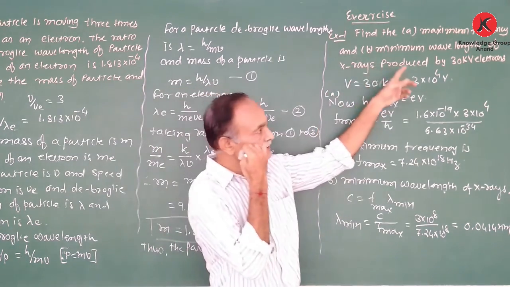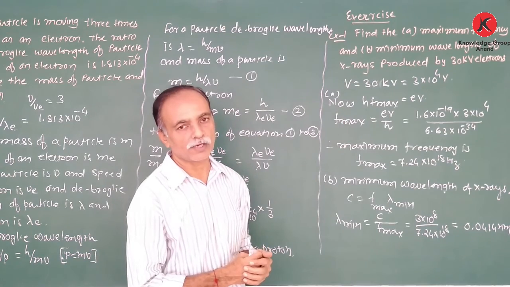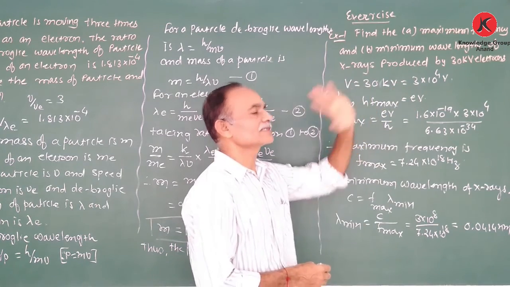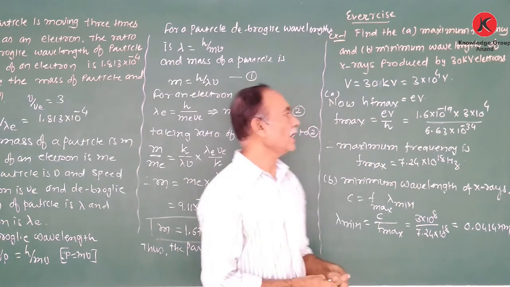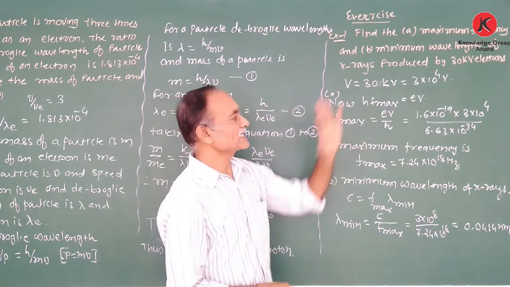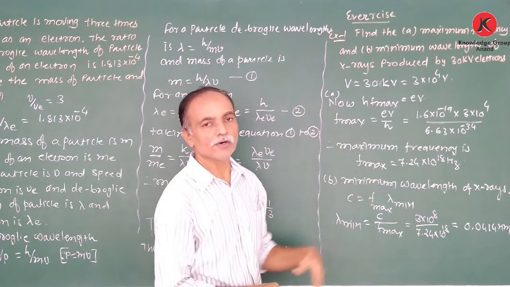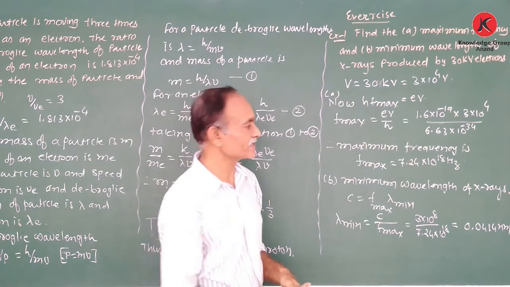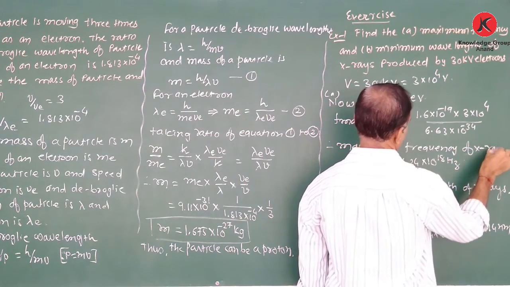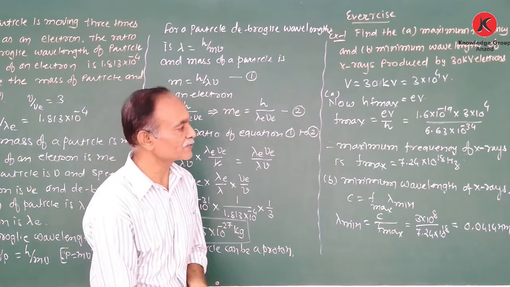So, find the maximum frequency and minimum wavelength of X-rays produced by 30 kilovolt. Here the voltage is given as 30 kilovolt, so 30 into 10 raised to 3 volt, that means 3 into 10 raised to 4 volt. Now h f maximum is equal to eV. Therefore f maximum is equal to eV upon h. As we substitute the values, we obtain the maximum frequency of X-ray, f maximum, as 7.24 into 10 raised to 18 hertz.